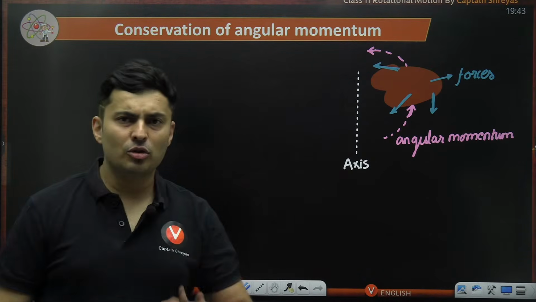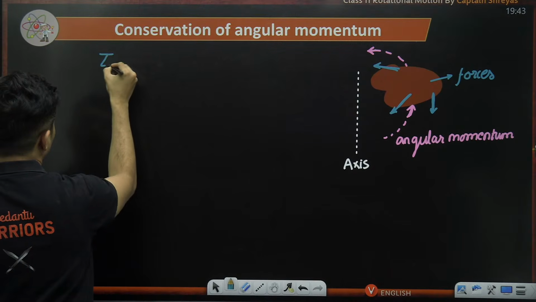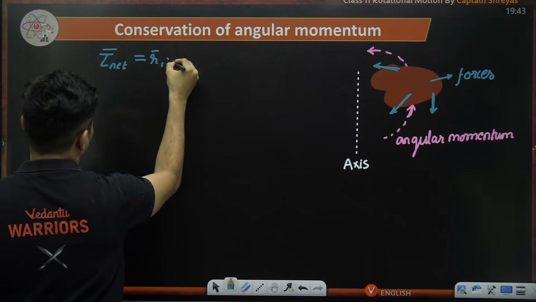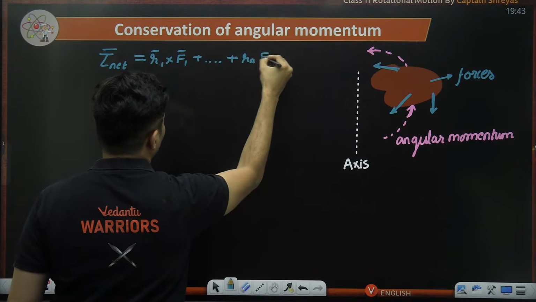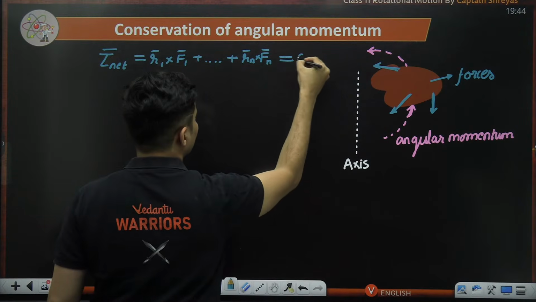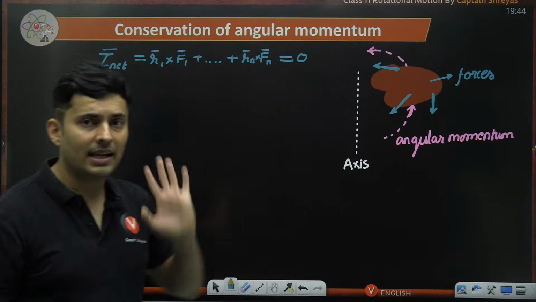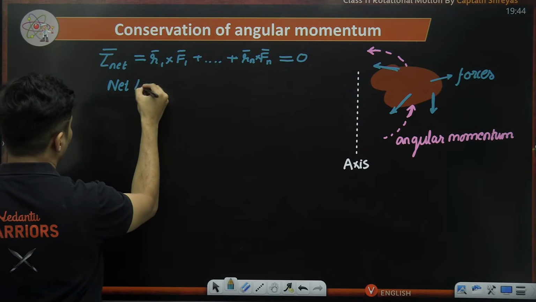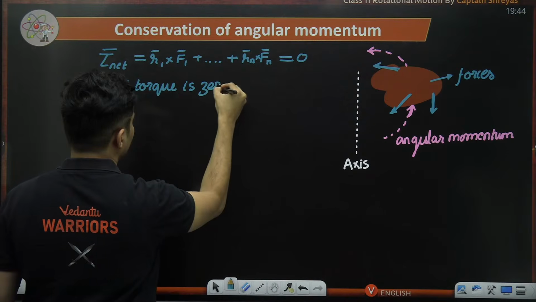Now imagine a situation where the net torque by all these forces, R1 cross F1, R2 cross F2, Rn cross Fn, right? Imagine it to be 0. Forces are there, torques are there, but the torques are cancelling. Basically, the net torque is 0.